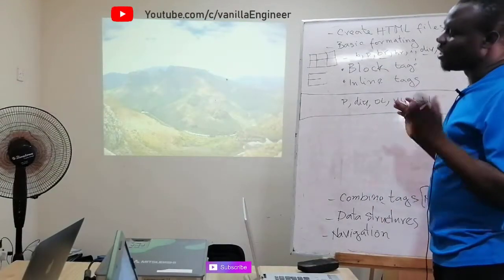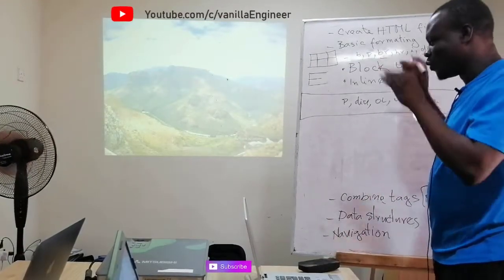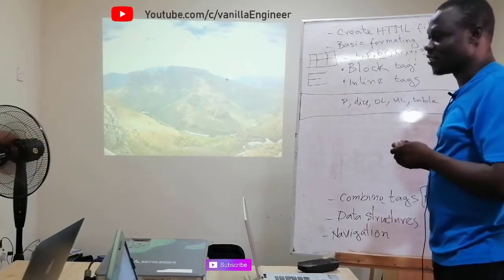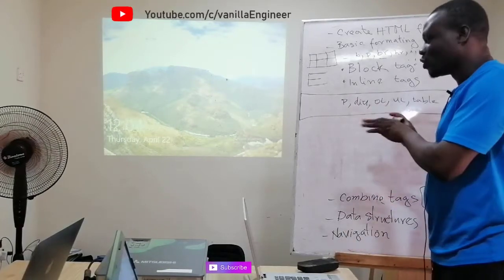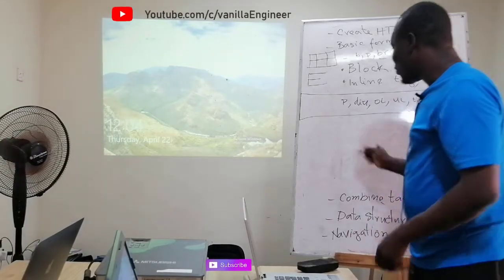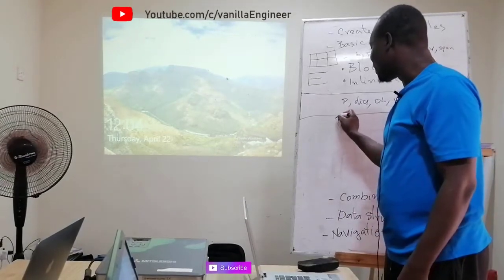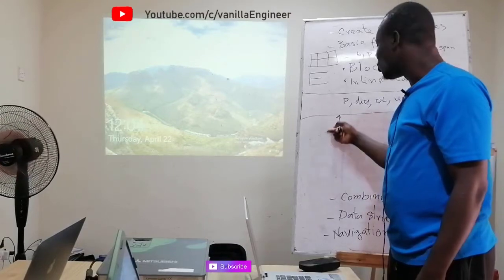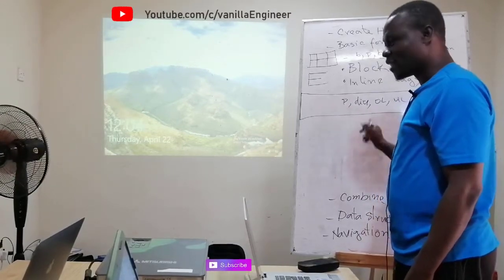You don't really have to know all of them which behave like that for now. It does not matter much for now. But at some point you might like to have space and not be getting the space, so you should know that you are dealing with this kind of tags.